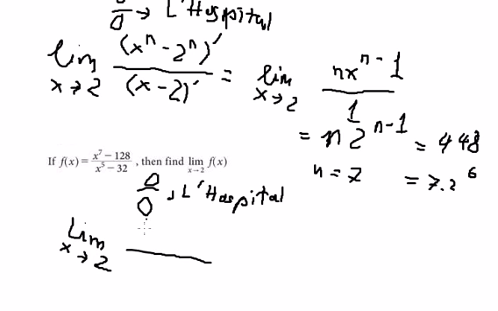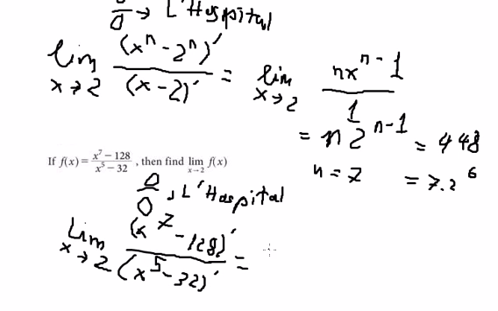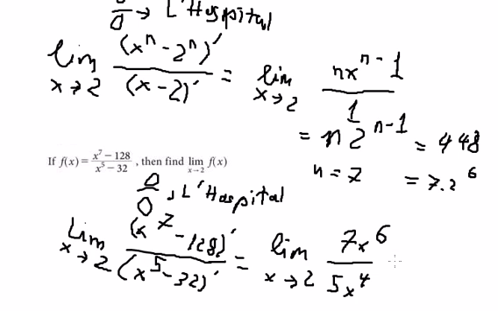We do the first derivative of the numerator and denominator. You will get 7s to the power of 6 over 5s to the power of 4. So we simplify s to the power of 4.